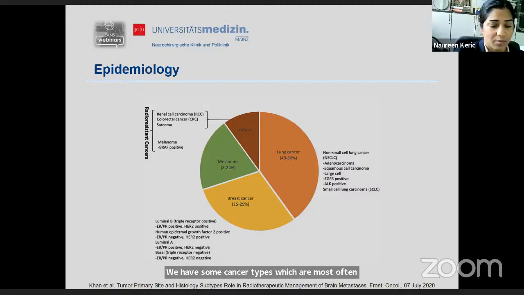One of the main tumors are lung cancer, breast, and melanoma, but also renal and colorectal cancer often metastasize to the brain. Important is our knowledge from the last decades regarding the molecular markers, which are really important and which are leading to targeted therapies and prolonged survival.